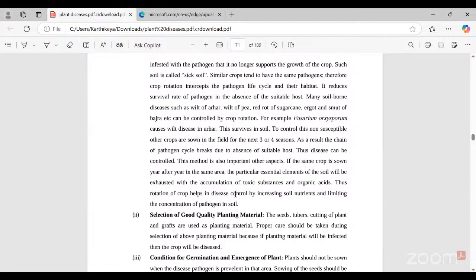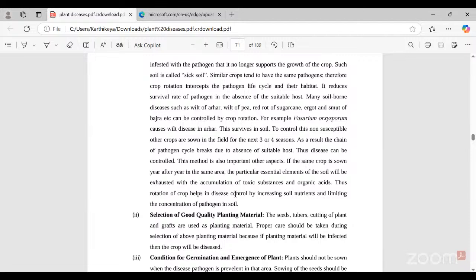The survival rate of the pathogen is reduced in the absence of a suitable host. Many soil-borne diseases such as wilt of arhar, wilt of pea, red rot of sugarcane, ergot and smut of bajra, etc., can be controlled by crop rotation.